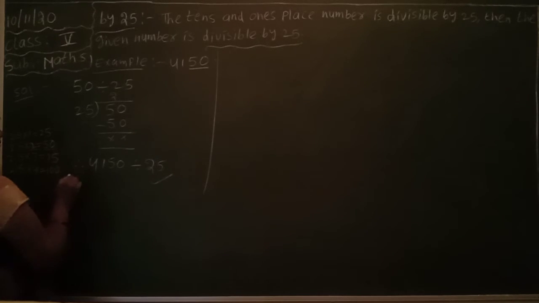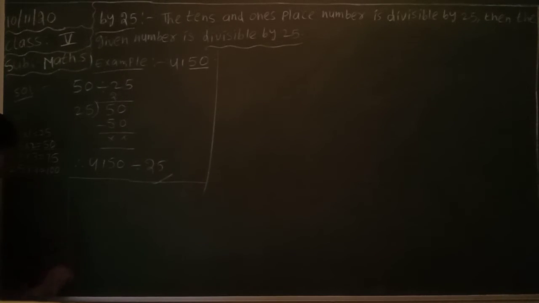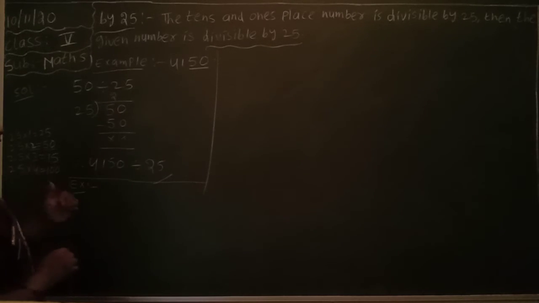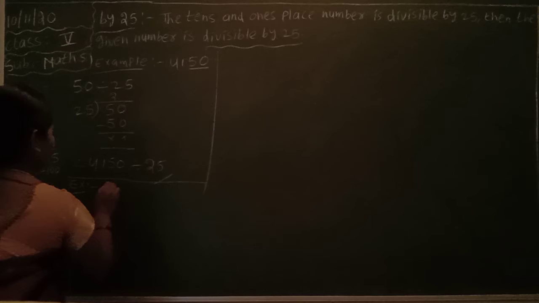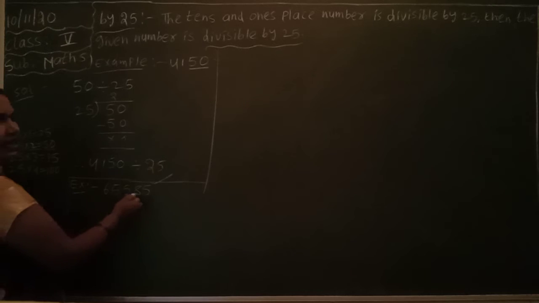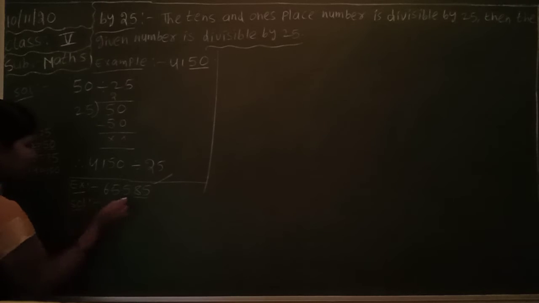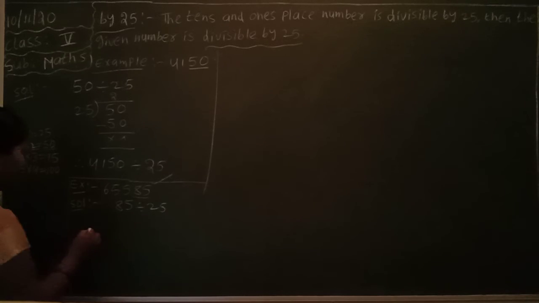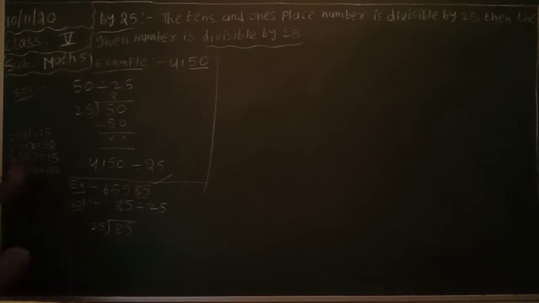One more example. Next example, here I am taking a 5-digit number, that is 65,585. Here also you have to observe the tens place and ones place, 85. You have to check whether it is divisible by 25 or not. 85 divided by 25. 85 is not there in the 25 table.